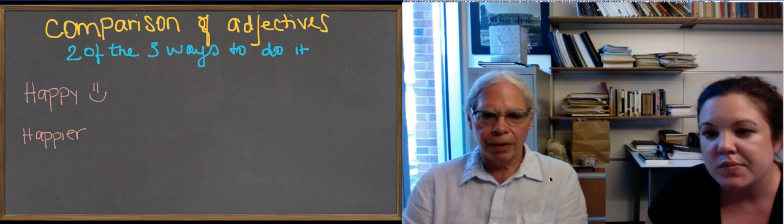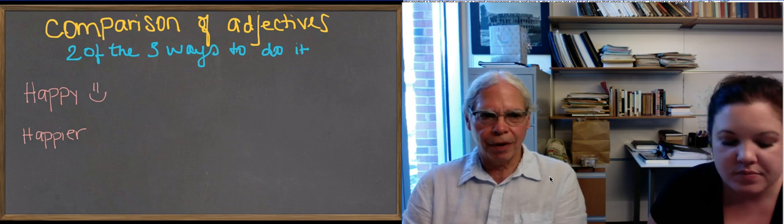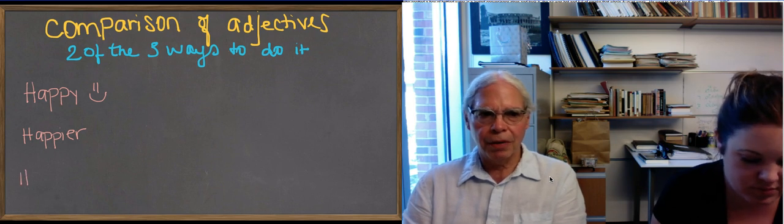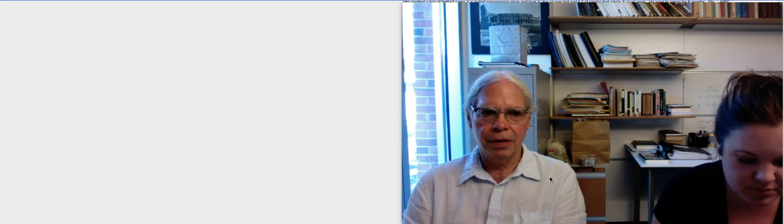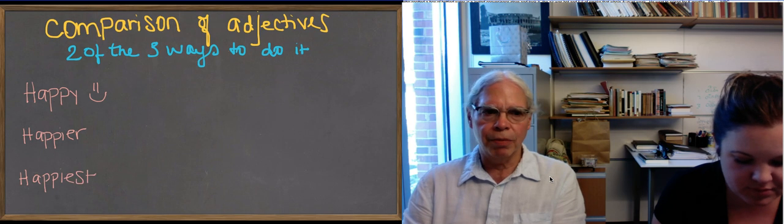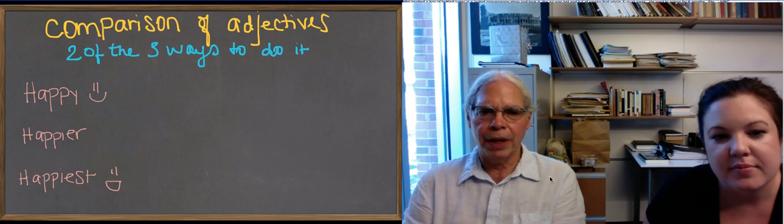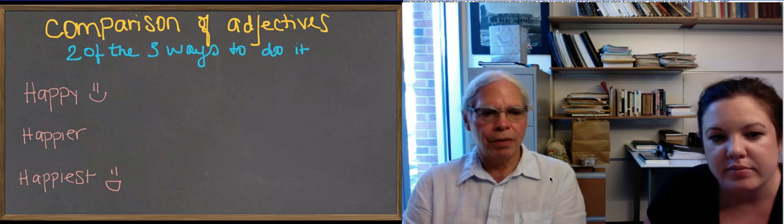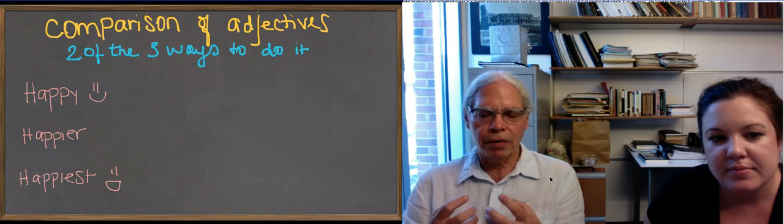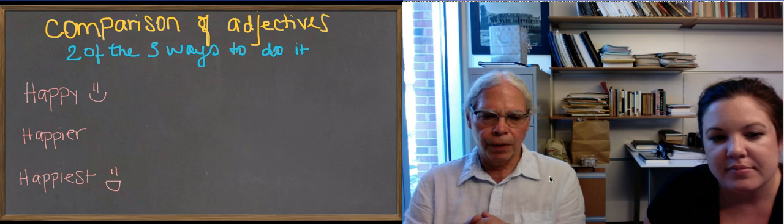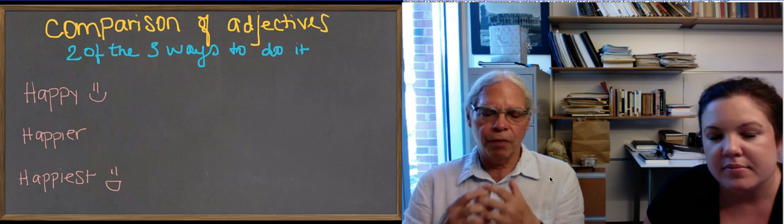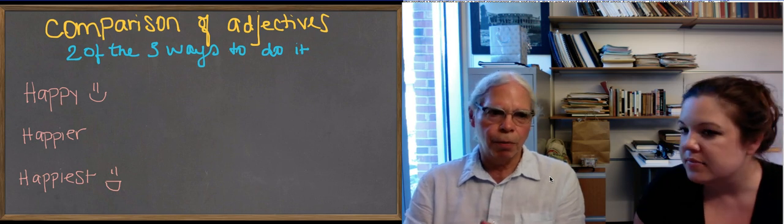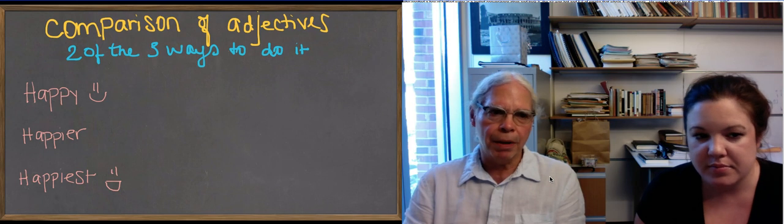Okay, but the third form, which is not comparable to the other two, is happiest, which is incomparable, right? It's a kind of absolute in its way. There's nothing more happy than the happiest person. So the essential notion is that the word in the positive degree is the form happy.